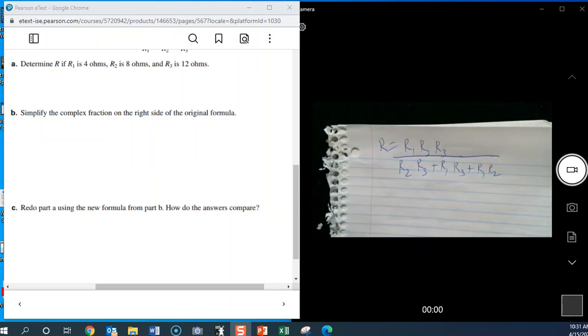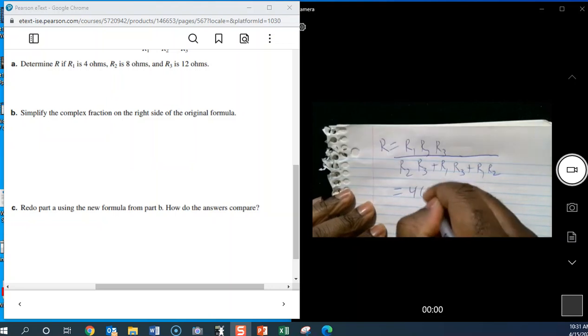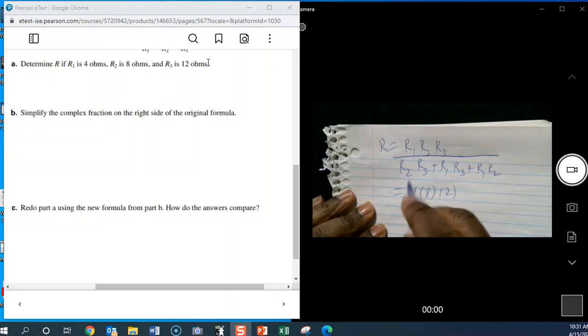Now we're going to substitute in our values. So we have 4, 8, and 12, which we were given up here. R1 is 4, R2 is 8, and R3 is 12.